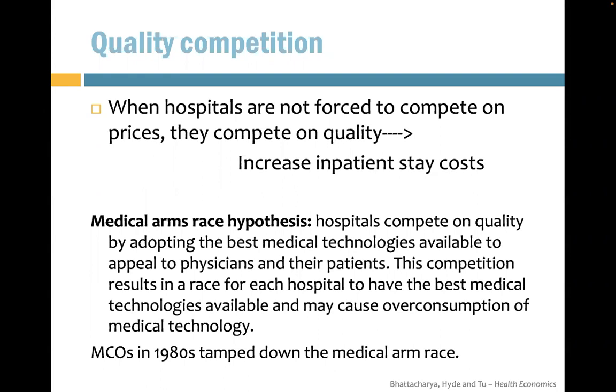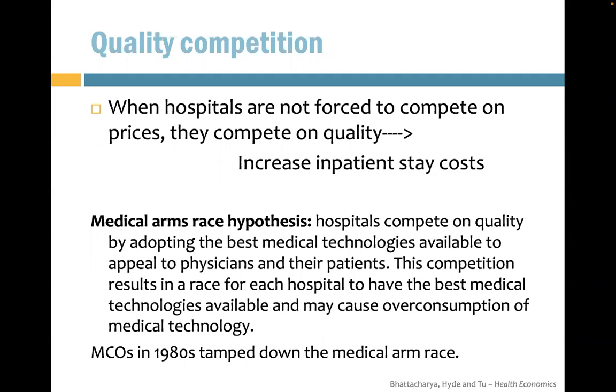If a hospital is known for better quality, they try to provide better quality healthcare. They try to provide the fanciest technologies that are on top of the market. This kind of quality competition will actually increase the inpatient stay cost or increase the medical bill instead of bringing the bill down.